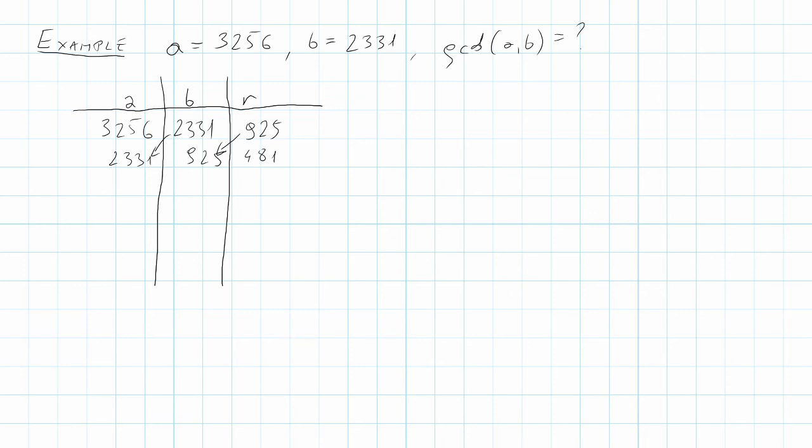And then again we replace a by b and b by r, so we have 925, 481. So now 481 plus 481 is 962, so it's too much, so the quotient is just 1, and the remainder is the difference between these two, so it will be 444.